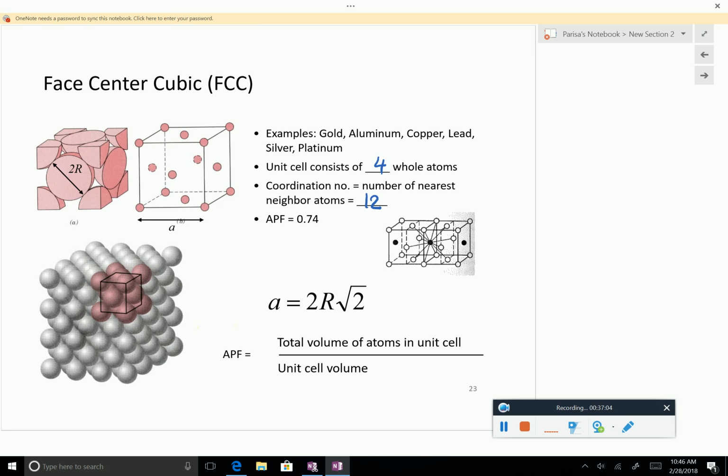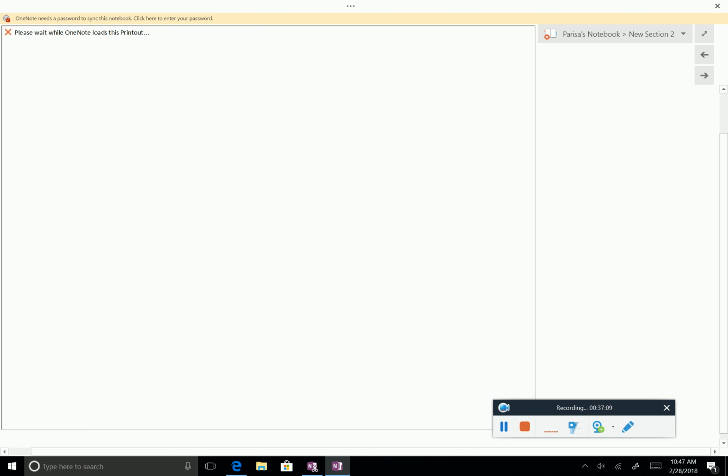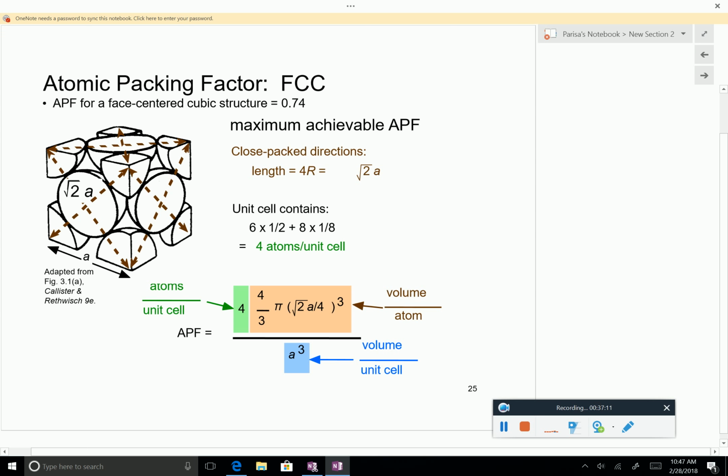This is pretty straightforward. So we do exactly what we did before. Here is 4.